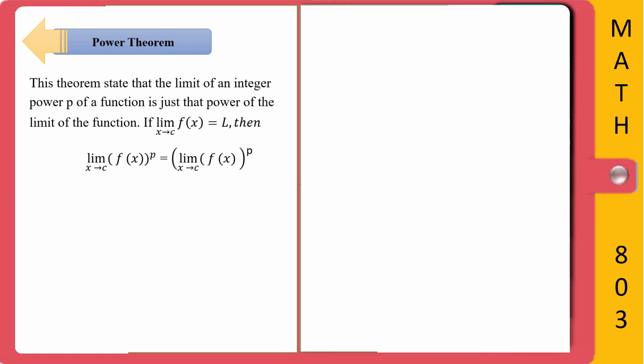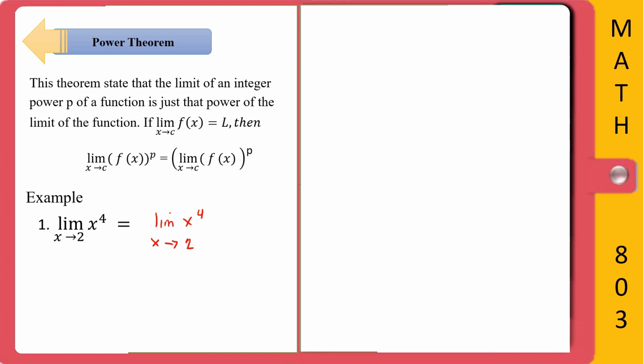So applying this theorem, let's say for example, we have the limit of x to the fourth power as x approaches 2. As you can see, our exponent is 4. So again, we need to substitute the value of c into the variable x.